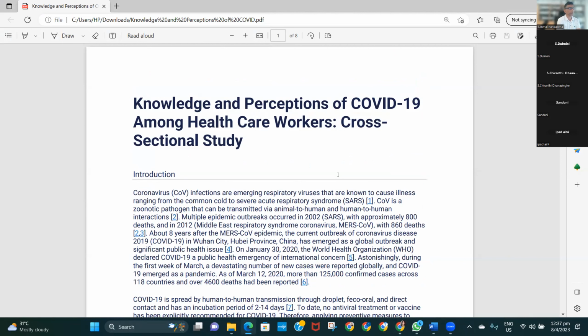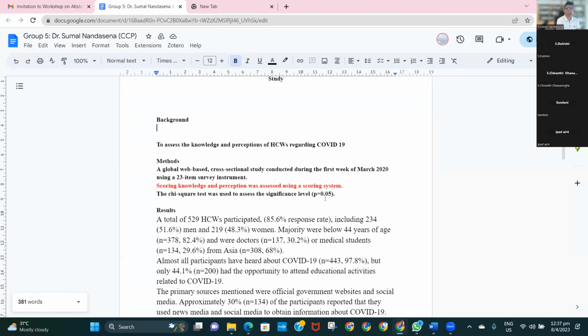You can write the knowledge and perception of COVID-19 among healthcare workers is important as they are the first contact with the patients. Something like that. If there is space after reducing the number of words, then you can cite some other source also, from the World Health Organization, what they are saying, something like that.